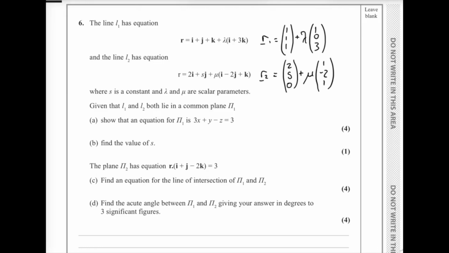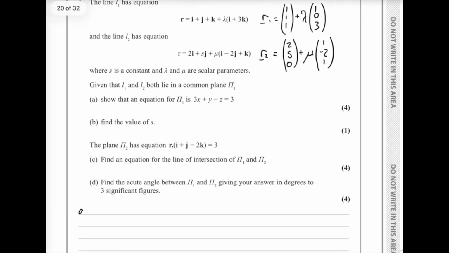To get an equation for pi1, we want the normal direction for the plane, and we can get that by crossing two direction vectors in the plane. Given that both of the lines are in the plane, we can use their direction vectors. So we're crossing 1, 0, 3 from L1 and 1, minus 2, 1 from L2, and this will give us the normal direction of the plane.